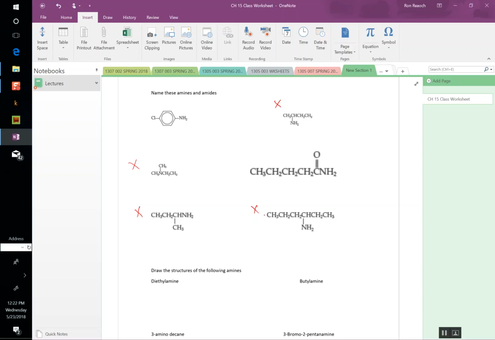Because if you had a propyl, you would have to have 3 carbons in a row. Don't say 1, 2, 3. That's not in a row. That's a methyl, that's a methyl, and that's an ethyl. Ethyl dimethylamine. Yeah, good.